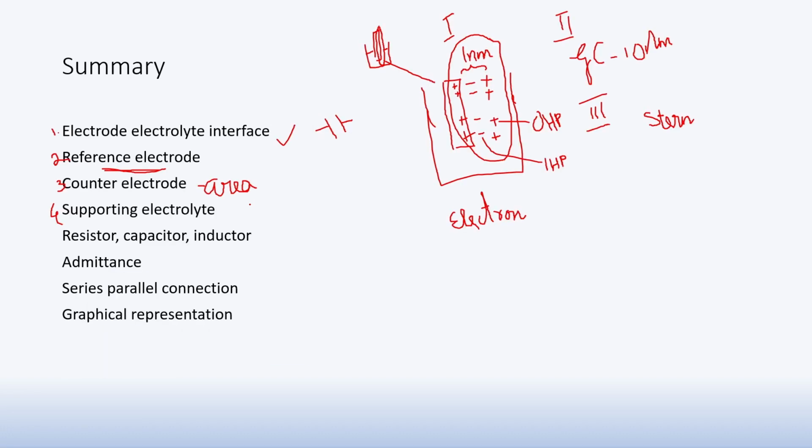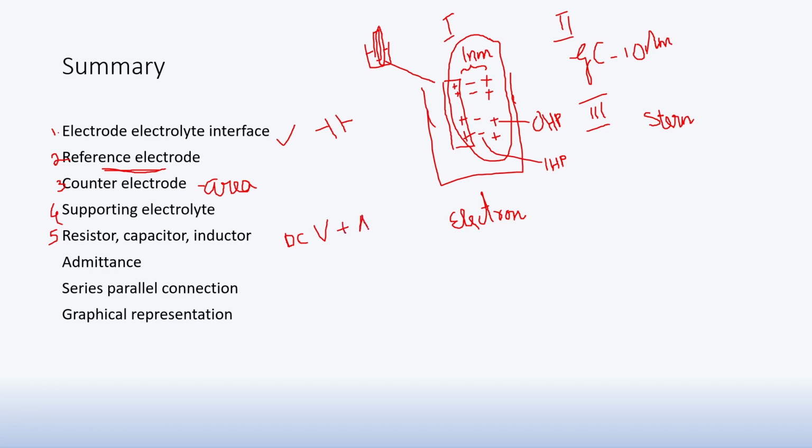Then the fifth thing we learned was the resistor, capacitor and inductor. The next part we are coming to is impedance, EIS. Basically what we are supplying is a DC voltage, superimposed by a small amplitude of AC potential.